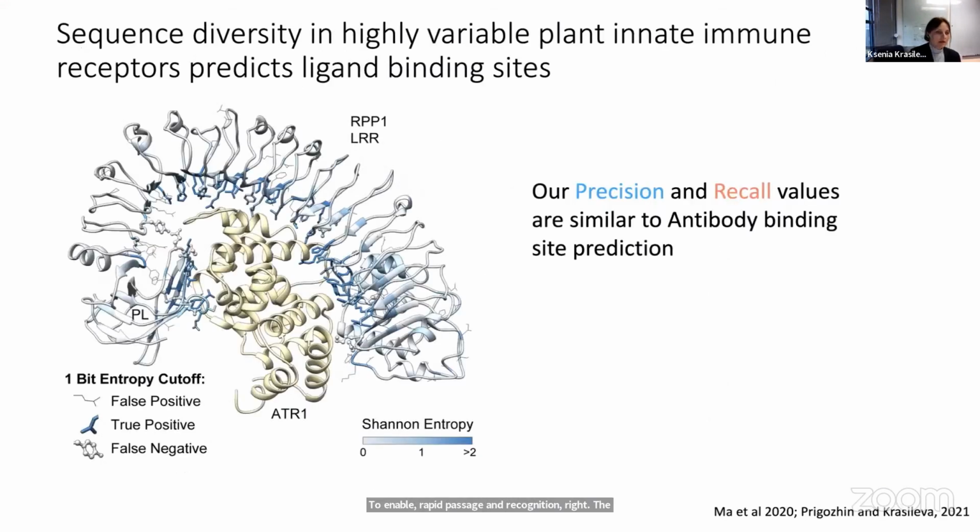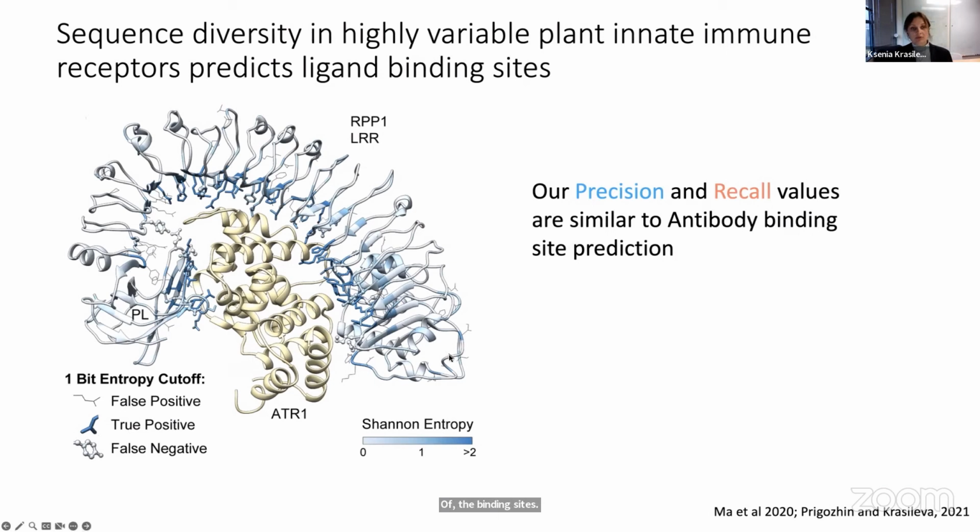The other bit that we've learned from these types of analysis is that we can use sequence information to predict these ligand binding sites in this highly variable immune receptor. So population level diversity is predictive of the binding sites.